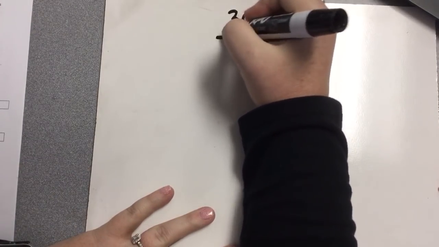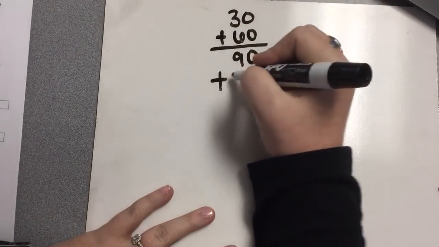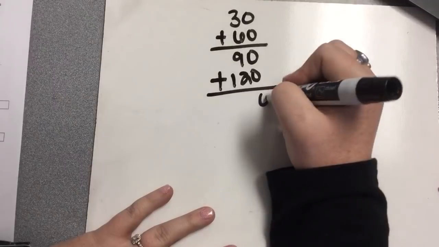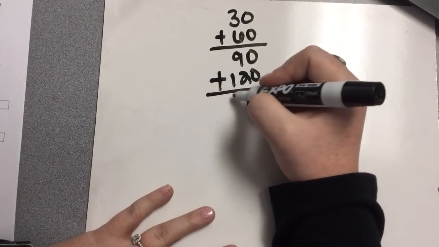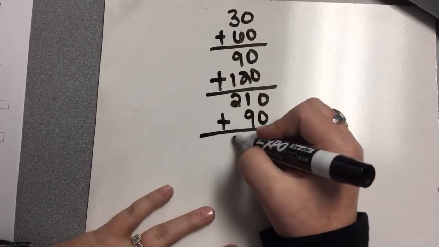So on a percent proportion, let's do the total. So we have 30 plus 60, that's 90. Then we're going to add 120. That's 210 plus 90. So that's going to be 300.